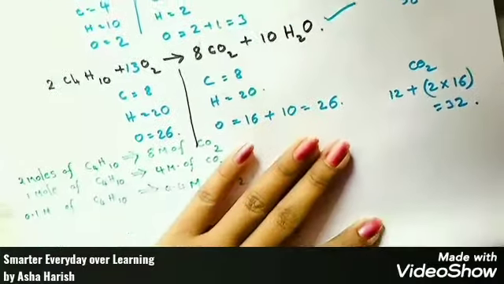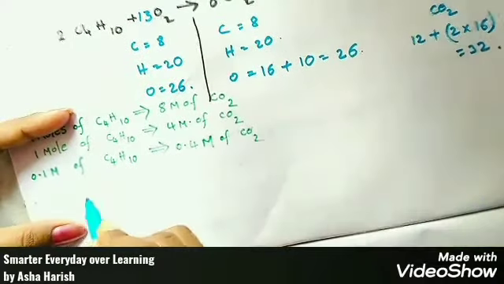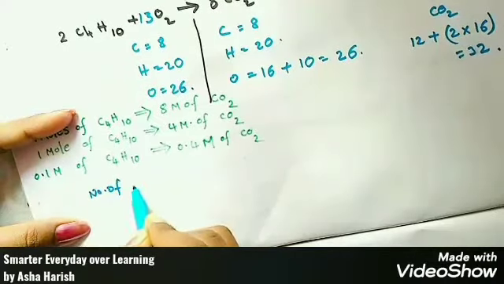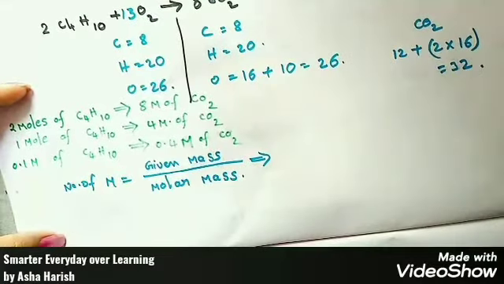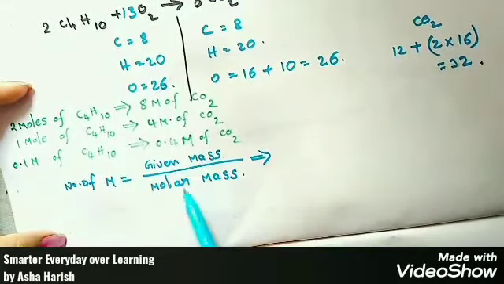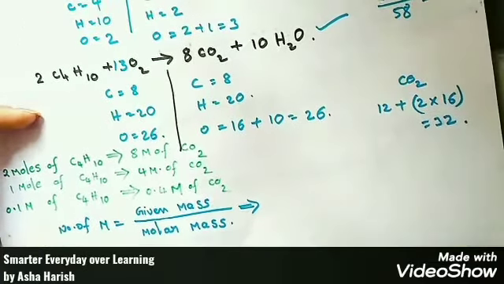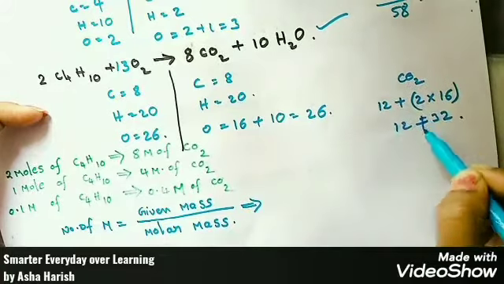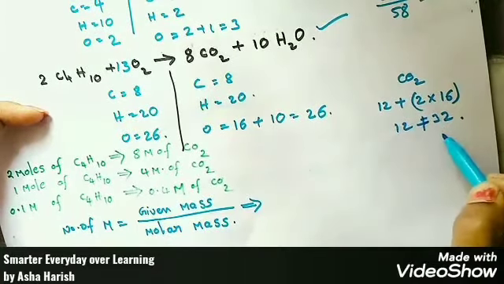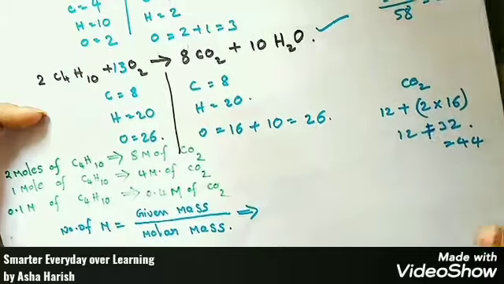So students, we can calculate the number of moles by using the formula given mass by molecular mass. So students, this is about CO2. Here 12 plus 2 16s, 32, right? So 12 plus 32, here we got the answer 44.